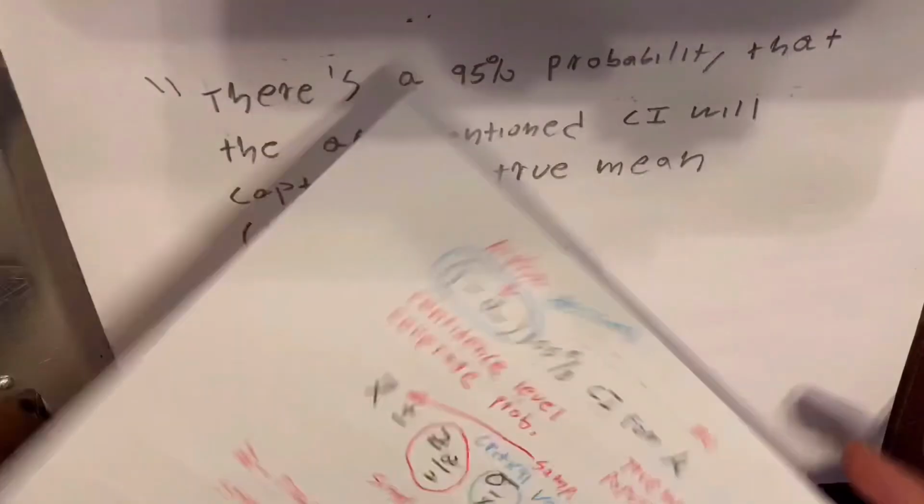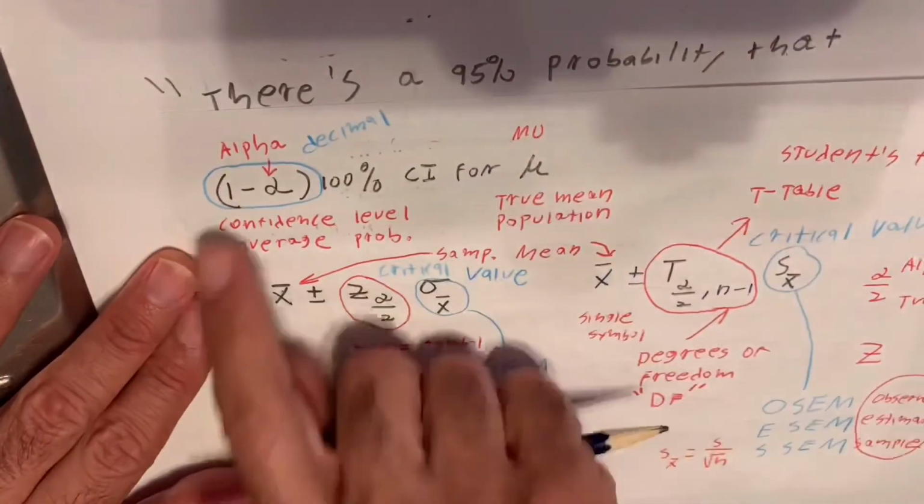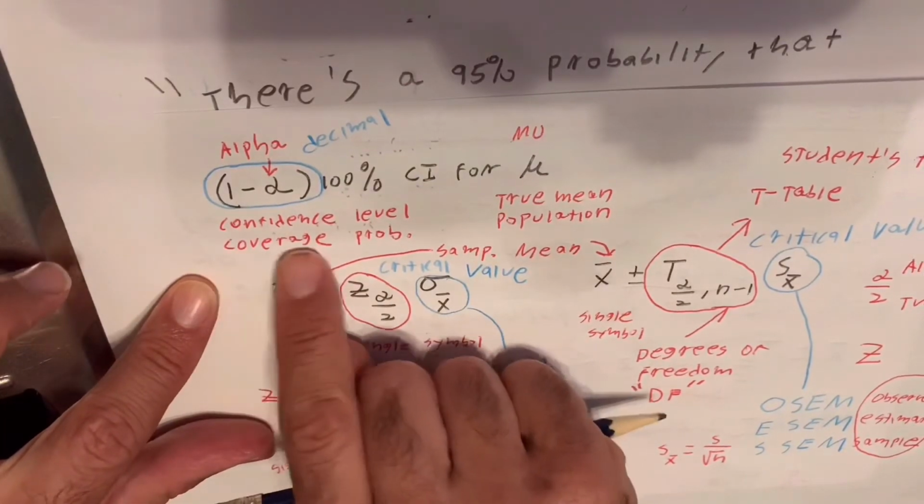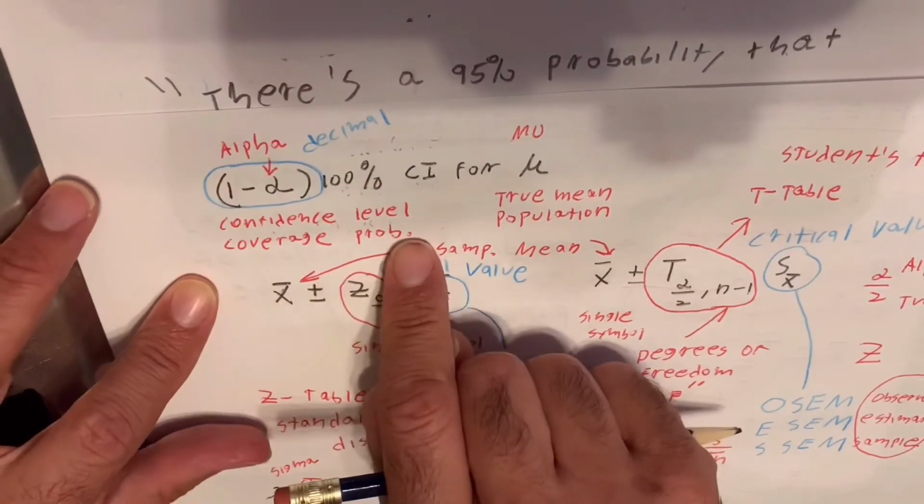Like I told you before, this 1 minus alpha times 100%, which in this case is 95%, is sometimes called the coverage probability.